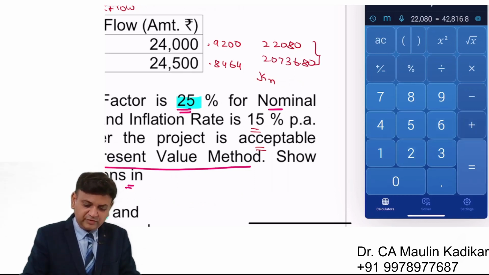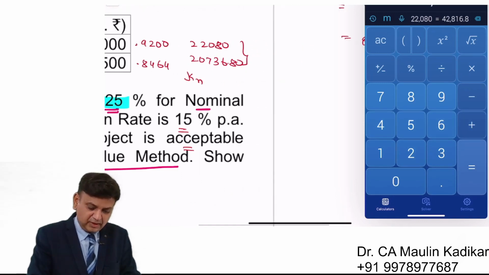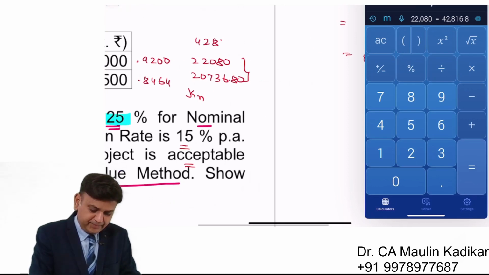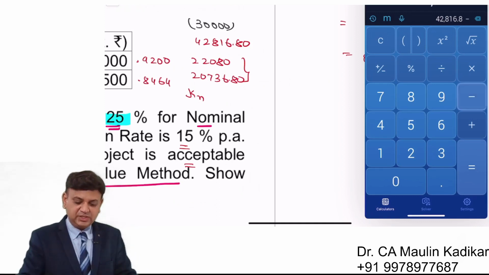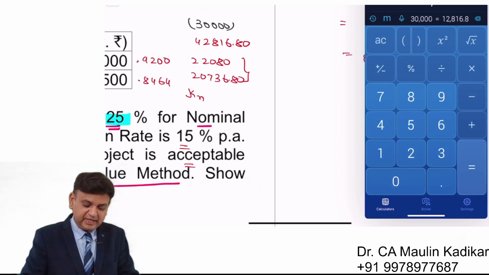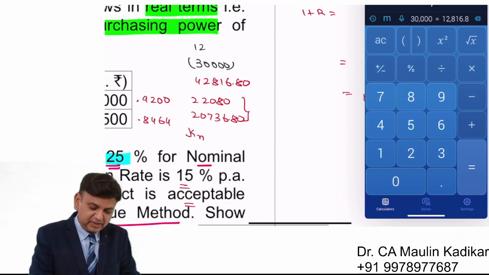So total of both of them is 42,816.8. The amount of the investment that we are making is 30,000. So from present value of the cash inflow, investment is deducted to find NPV. It is 12,816.8.